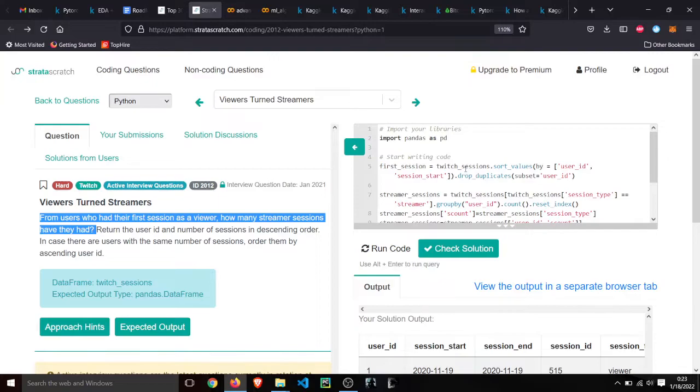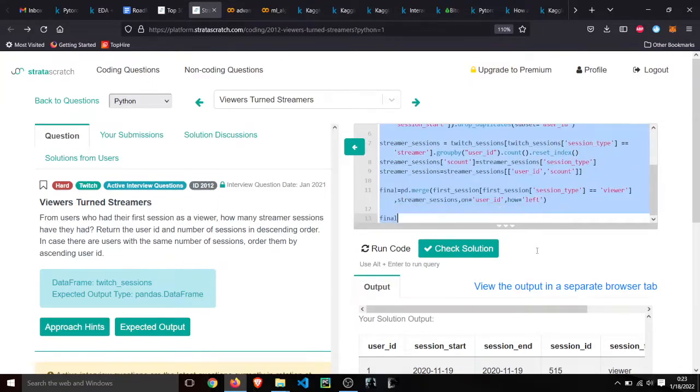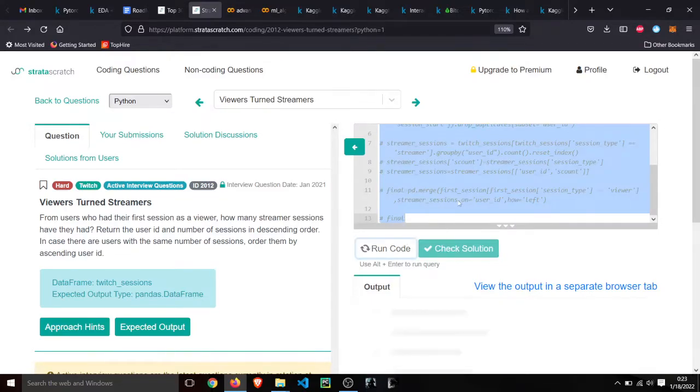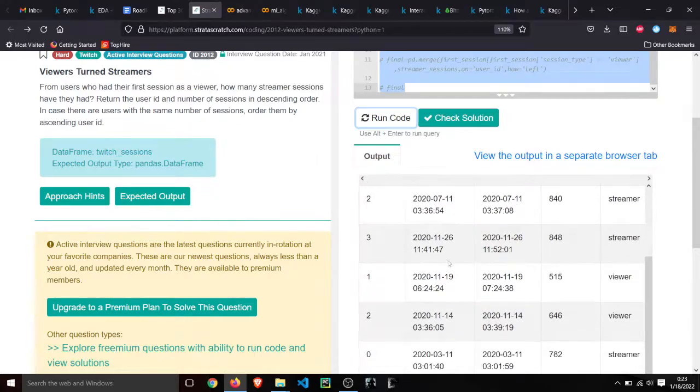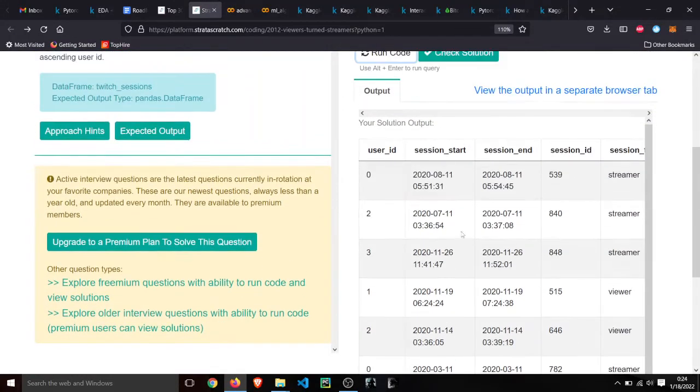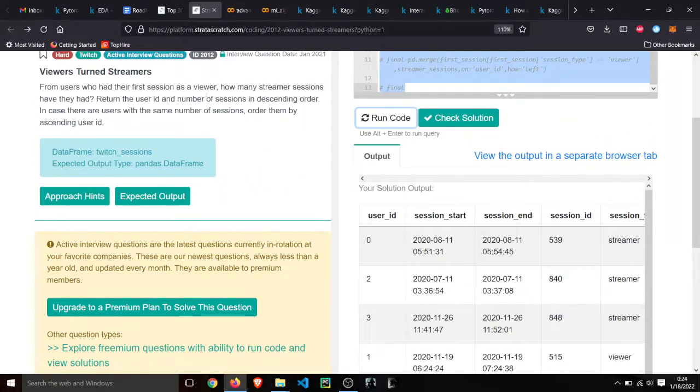So first let's look at the data. So we just have 10 rows over here. Now what we need to find is from the users who had their first session as a viewer.